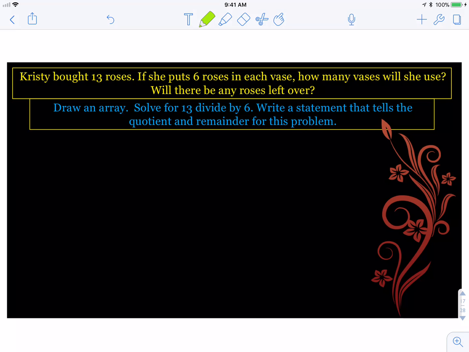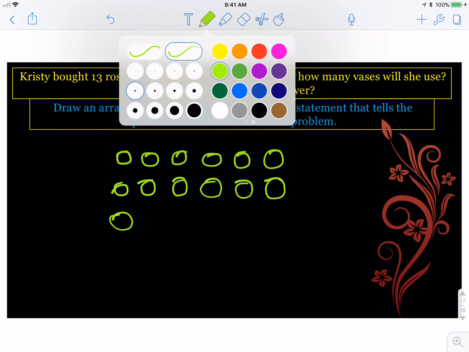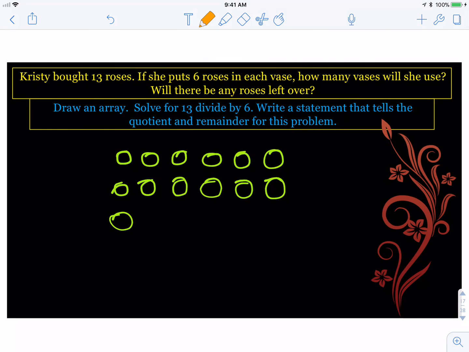Okay, so the way I would do this is I would have 13 divided by 6. So I'm going to count 1, 2, 3, 4, 5, 6, 7, 8, 9, 10, 11, 12, 13.